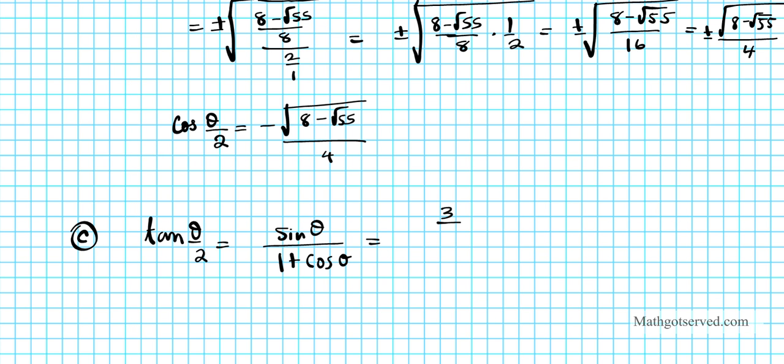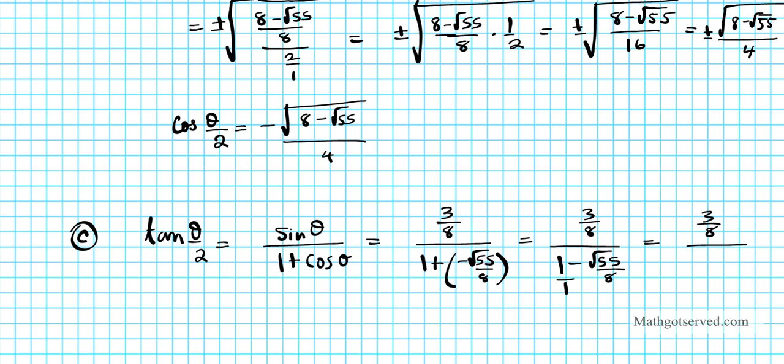So we have 3 over 8 divided by 1 plus, and then cosine theta is negative root 55 over 8. Alright, so that's going to give us 3 over 8 over 1 minus root 55 over 8. So put this 1 over 1. So we're going to have 3 over 8 over, express this as 8 over 8 minus root 55 over 8.